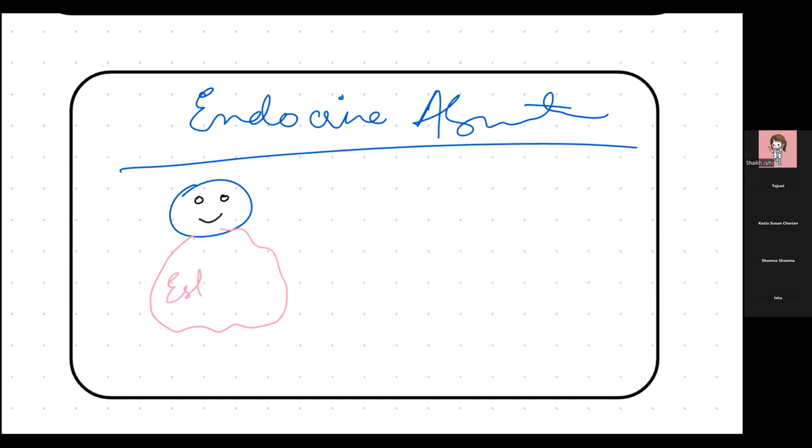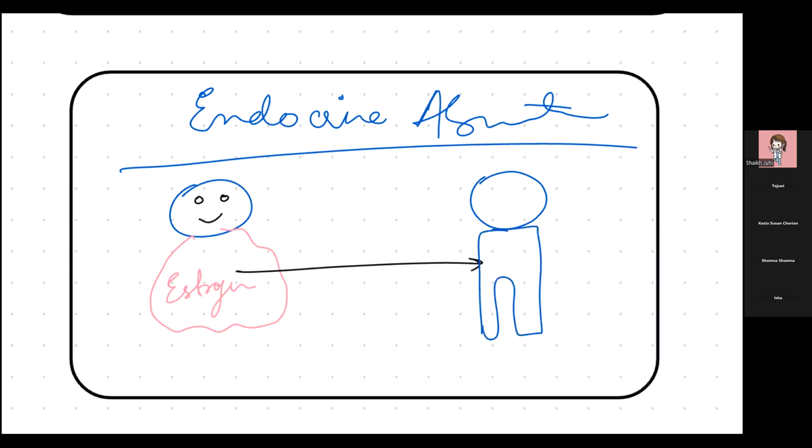Now, when the liver converts this estrogen into testosterone, then only what will happen? This particular person can say that I am not a girl, but I am a boy. Okay, so this estrogen conversion into testosterone is necessary.